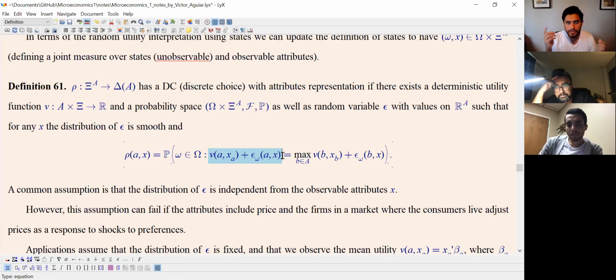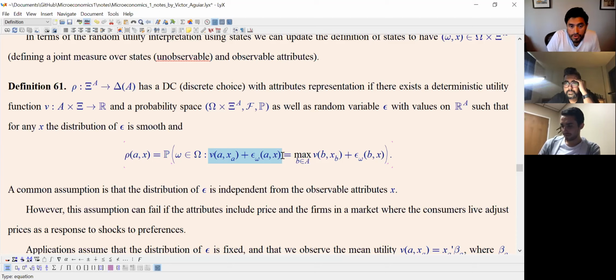This is a structural assumption, but because epsilon is so general, in principle you can express everything you can with random utility here. To estimate these models, we are going to put more assumptions, and then it becomes a special case of random utility. But right now it's super general. It actually has no content. We have to put additional conditions. It's too general at this stage.